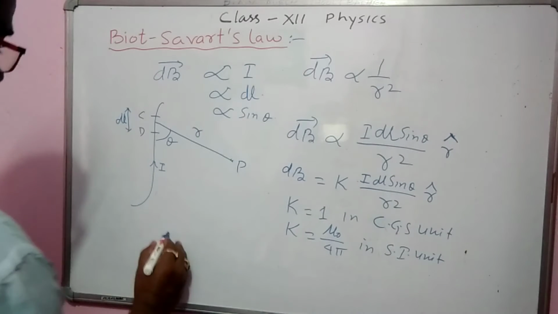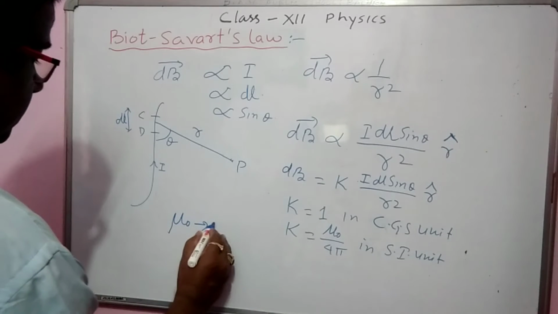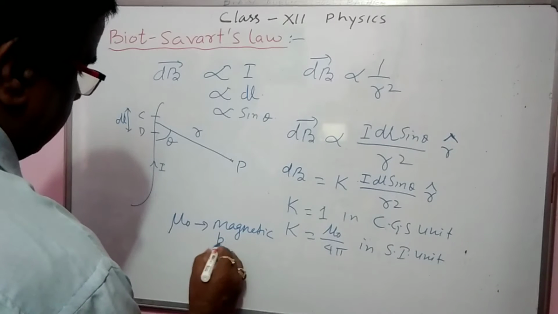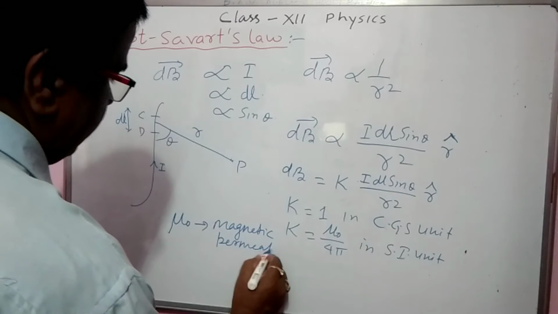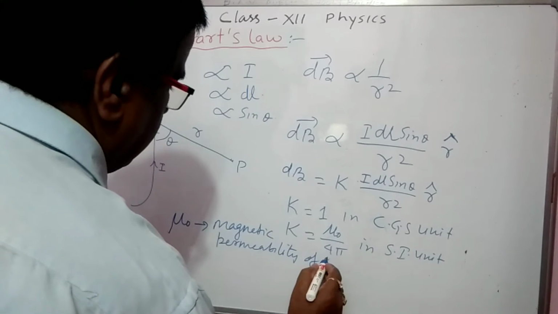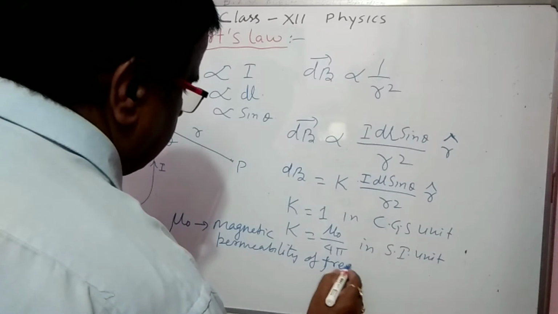Here mu naught is the magnetic permeability of free space.